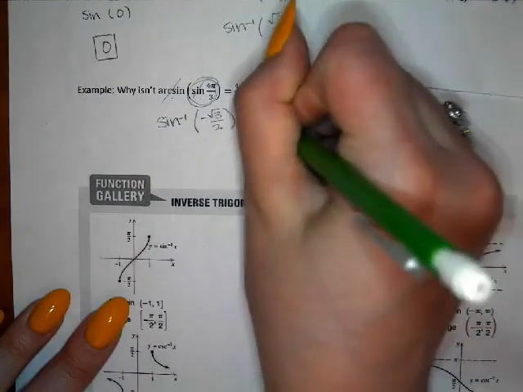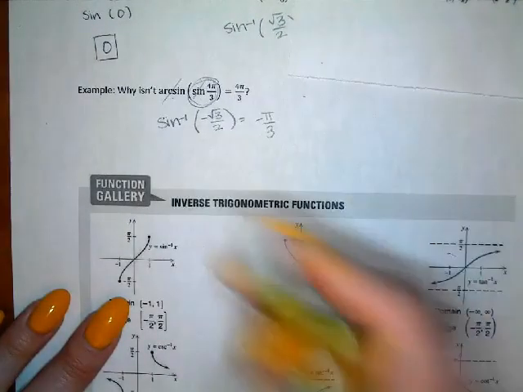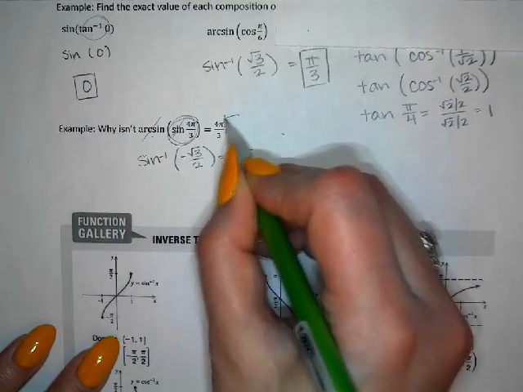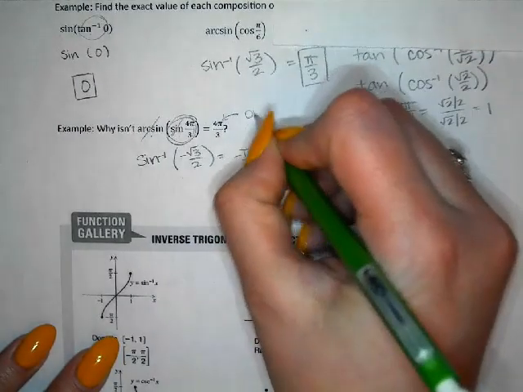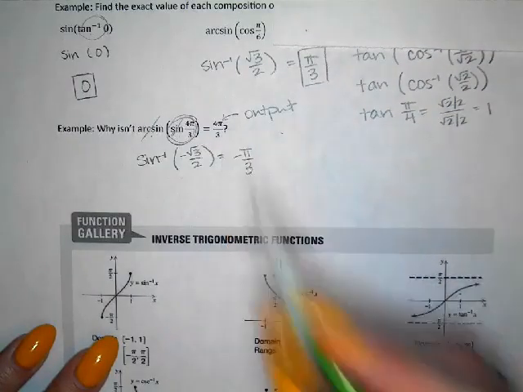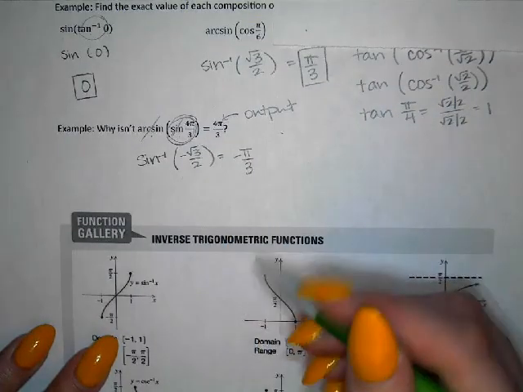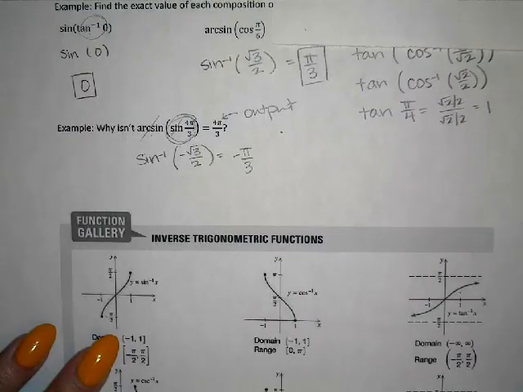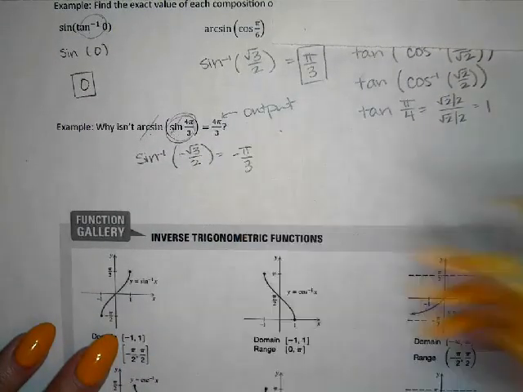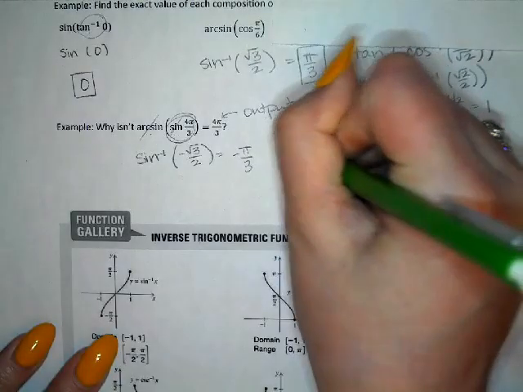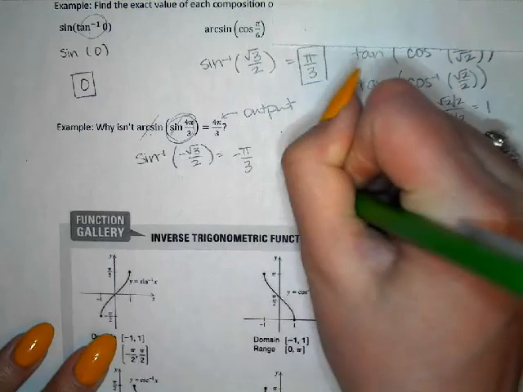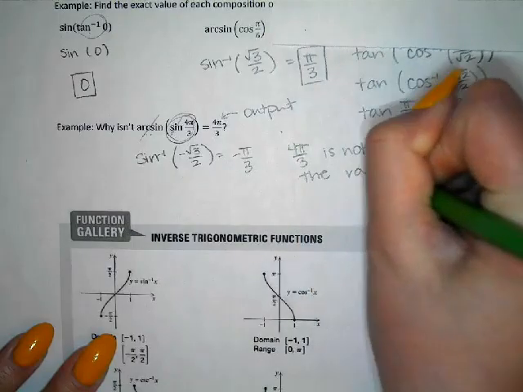So the reason that this doesn't work is because this output of 4 pi over 3 is not in the range, it's not in the list of all possible outputs of sine inverse functions. So this output, 4 pi over 3, is not in the range of sine inverse.